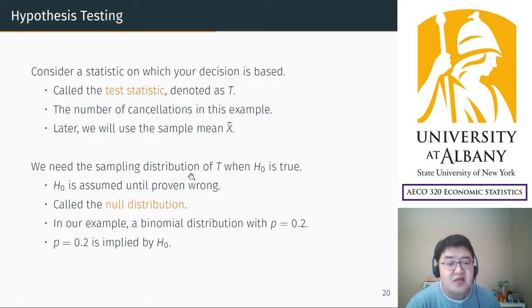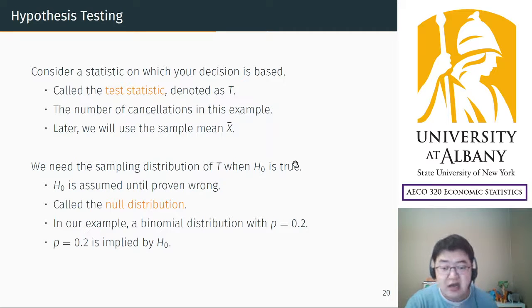We need the distribution of the statistic when your belief is true, because if you change your belief, the distribution will be different. The distribution may take different shapes if your parameter is different, right? So we are particularly interested in the distribution when your belief is true.